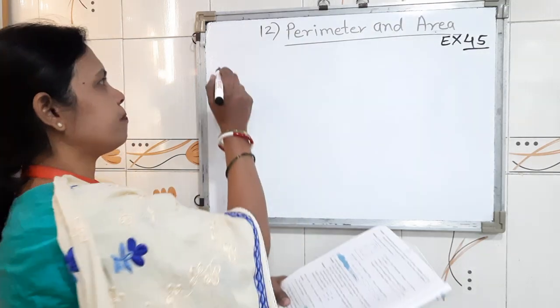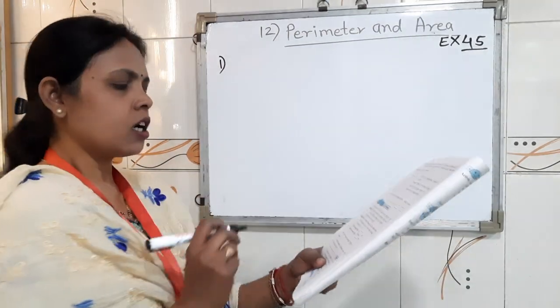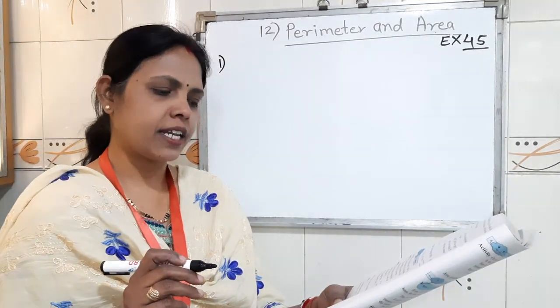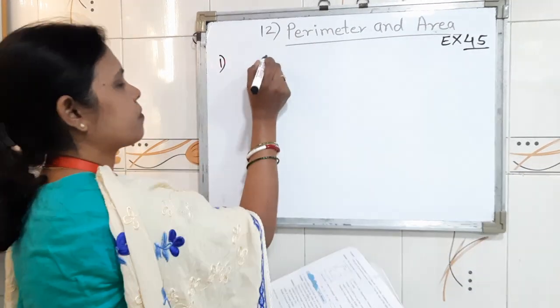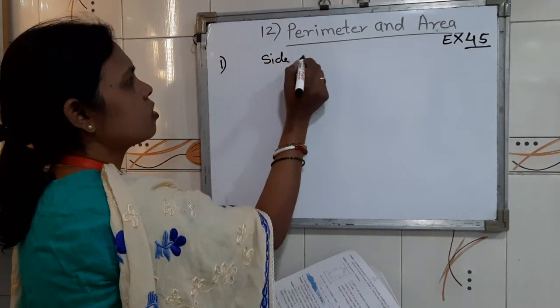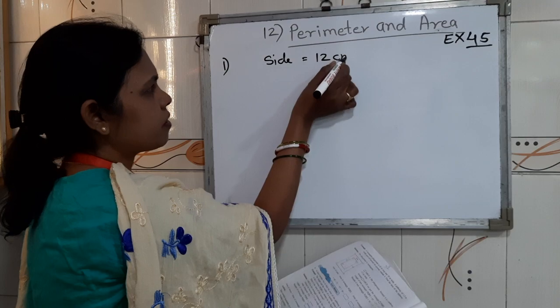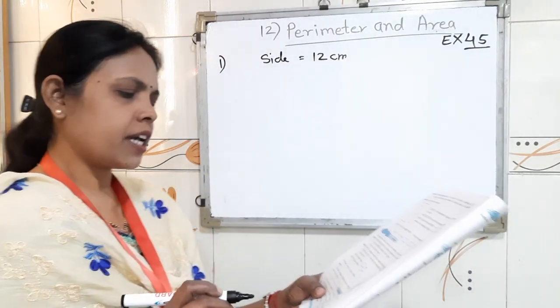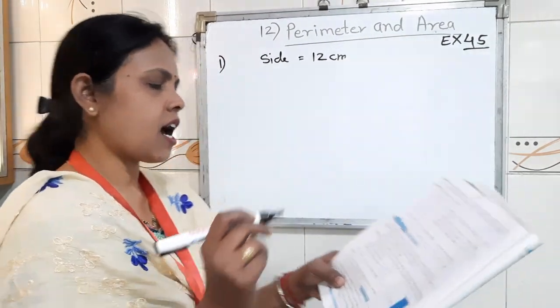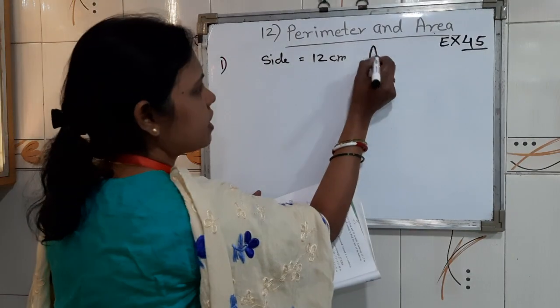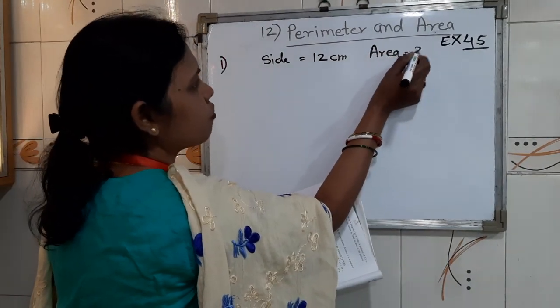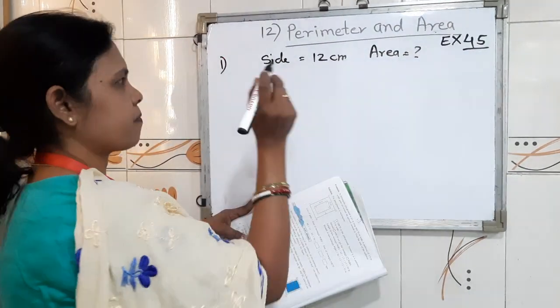In the first one, the side of a square is 12 centimeter. Side given 12 centimeter. Then find its area. So children, area we are going to find out for a square.